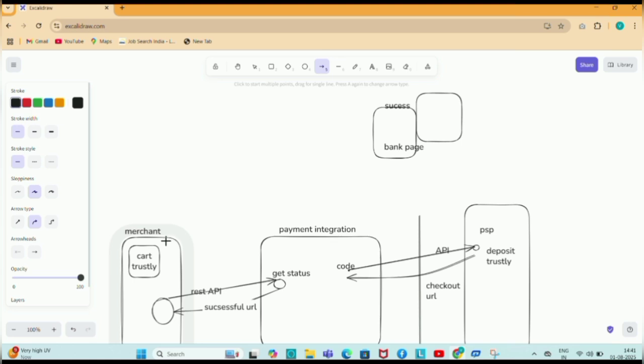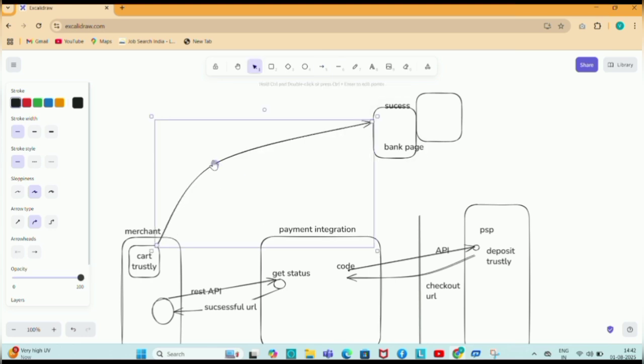This cart is redirected to the checkout URL. So it is called a hosted payment page.